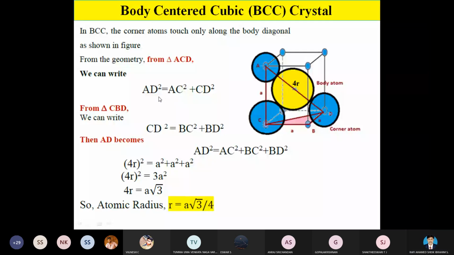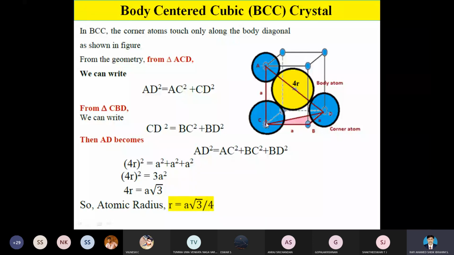So here we write 4R the whole square instead of AD. Then we know AC, the side is A. So AC is equal to A square.